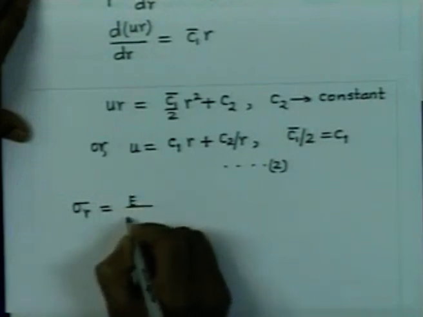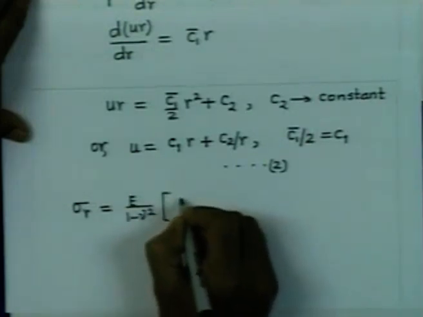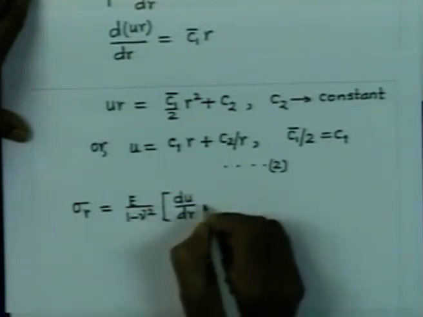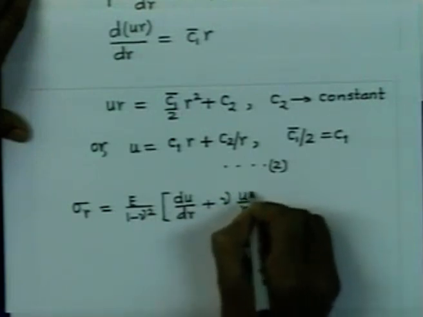Now, we can go back to the expression for the stresses and substitute the value of u, thereby we get sigma r is equal to E by 1 minus nu square into du dr plus nu times u by r.